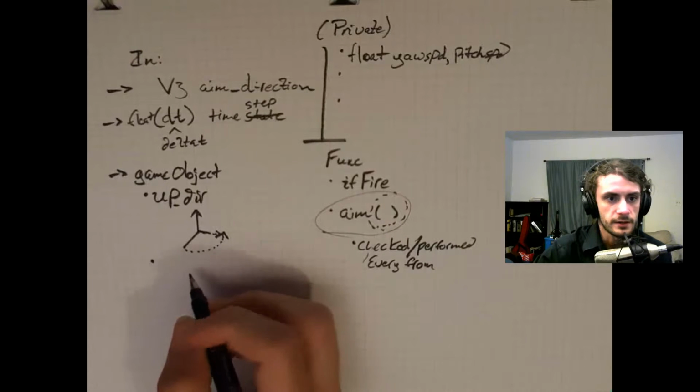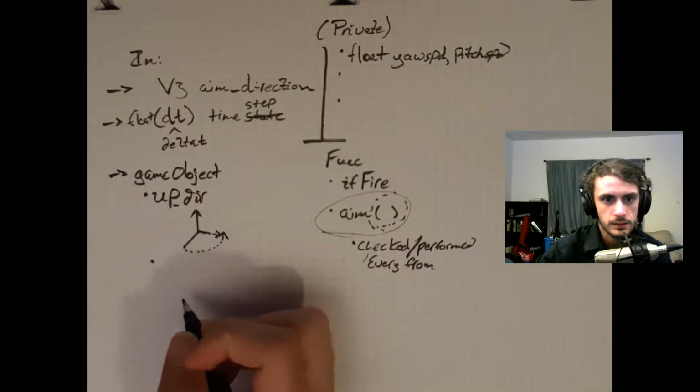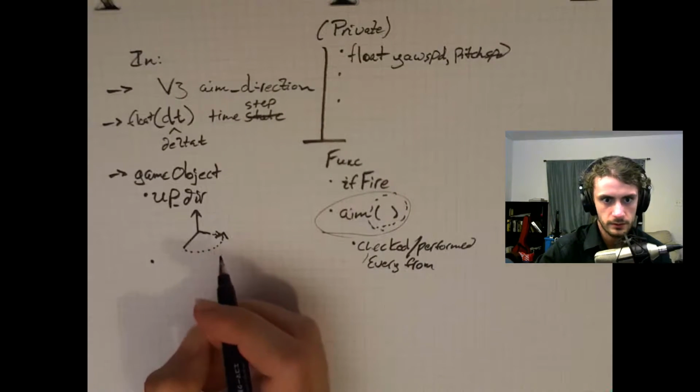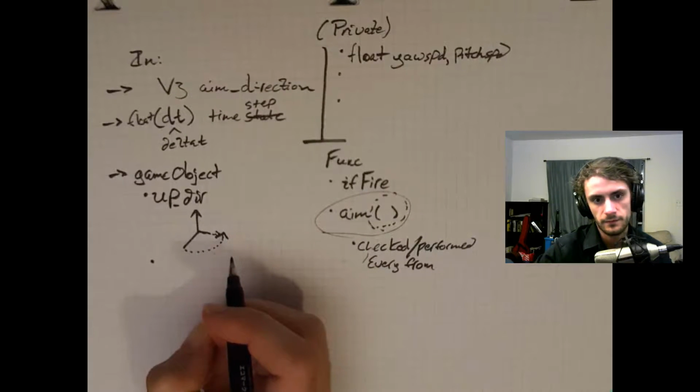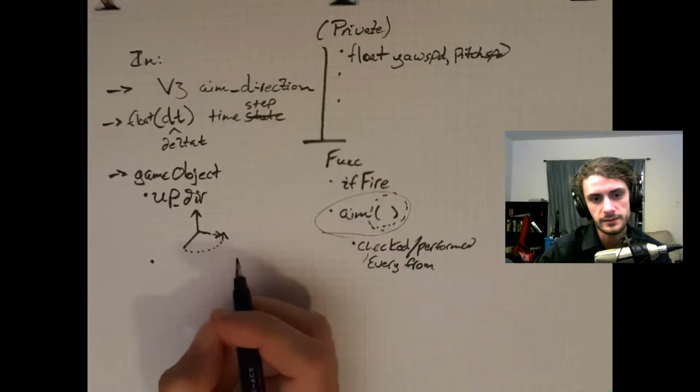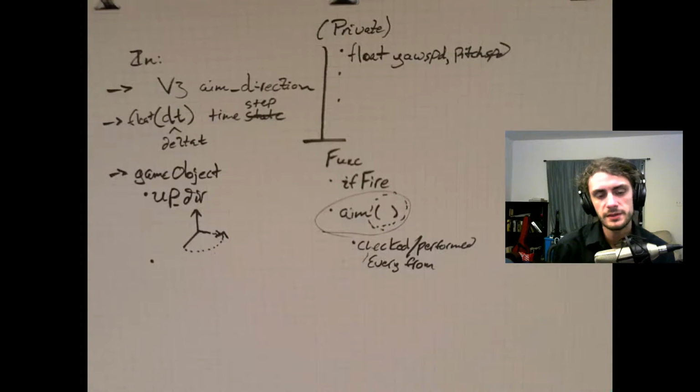So we'll get an up direction, and then we're gonna need the gun and its forward, the gun and its left or right axis, basically. I guess it could be the same for, no, it definitely has to be the gun's.